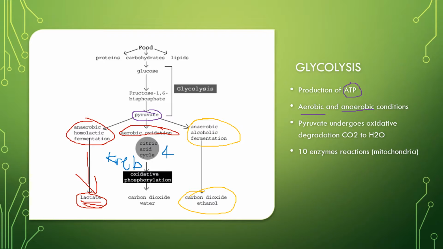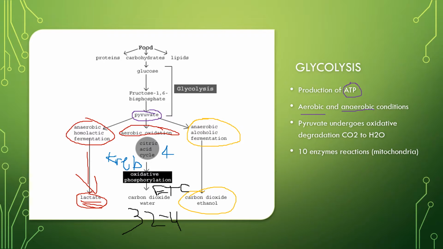Okay, so the ETC is where most of the ATP is made, and it's about 32 to 34 molecules of ATP that are actually made.